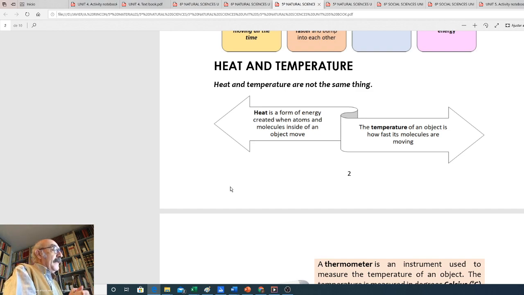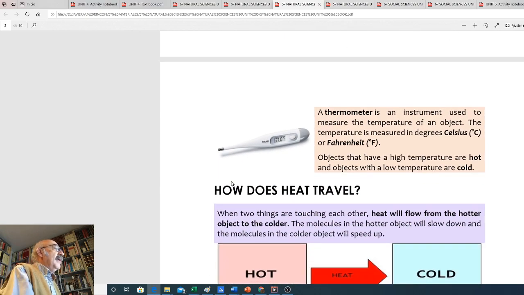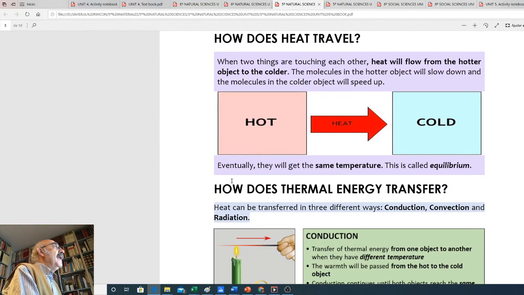Okay, and the more molecules you can find in an object, the more heat energy you can find there. Okay, and temperature is related to it, but it's not the same. Temperature is a measure that measures the speed, how fast these molecules are moving. Okay, this is very important, and you have to bear in mind because we're going to explain how heat travels.